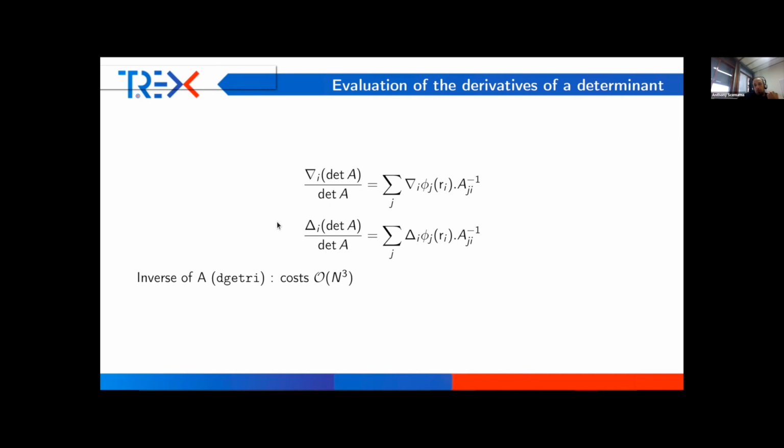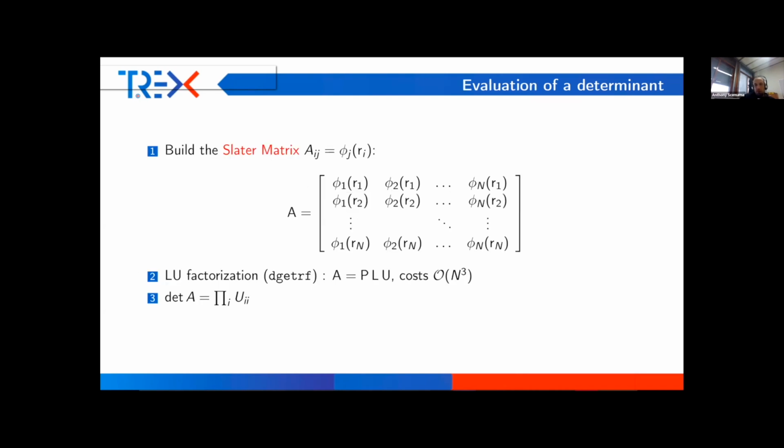To evaluate the Laplacian of a determinant, you can use this formula, where you compute easily the Laplacian of a determinant divided by the determinant. You take the Slater matrix like this one, but instead of the molecular orbitals evaluated at the electron positions, you evaluate the Laplacian of the molecular orbitals at the electron positions.